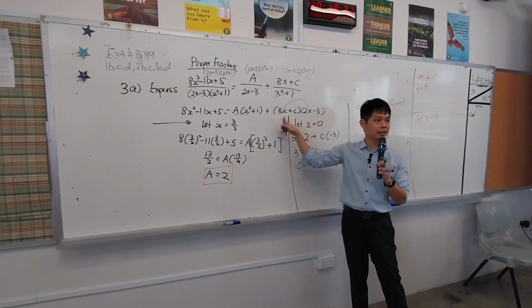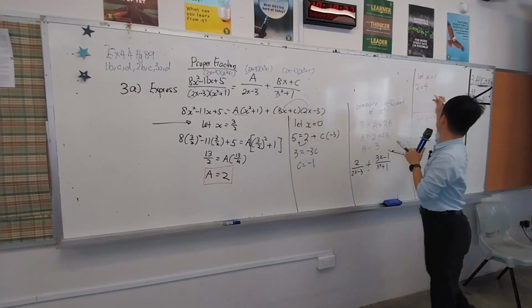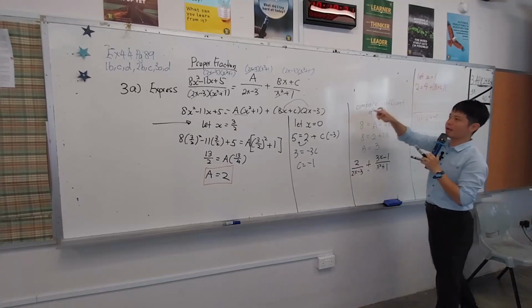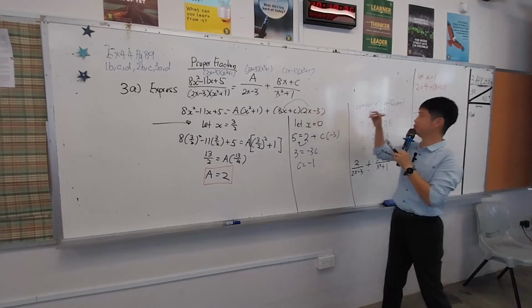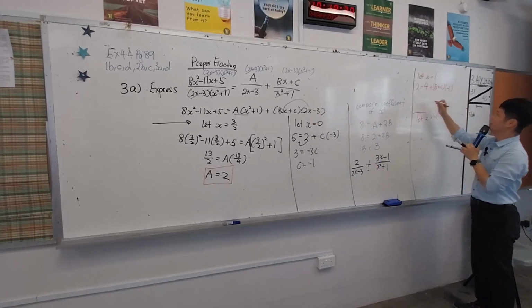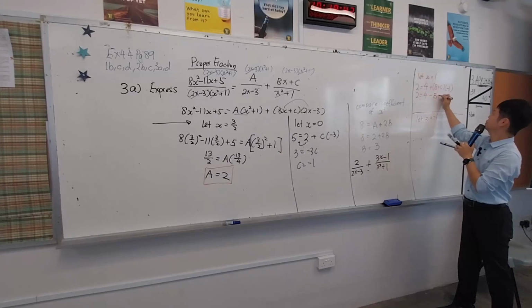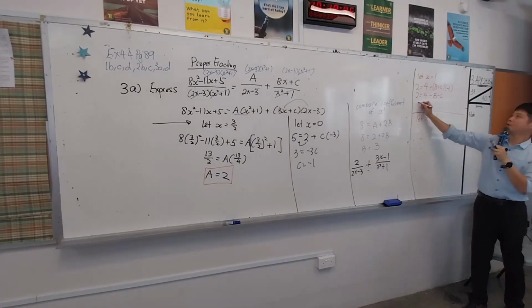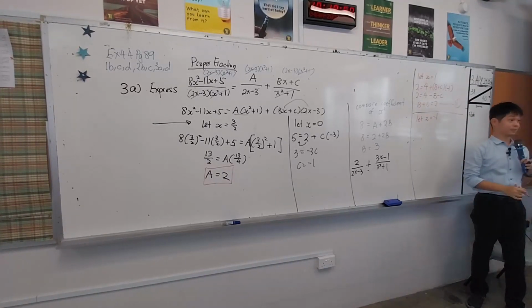Again, I let x be 1, so I will have B plus C multiplied by negative 1, because x is 1, right? So this will be negative 1. And what you get will be 2 equals to 4 minus B minus C. Therefore, B plus C equals to 2, equation 1.